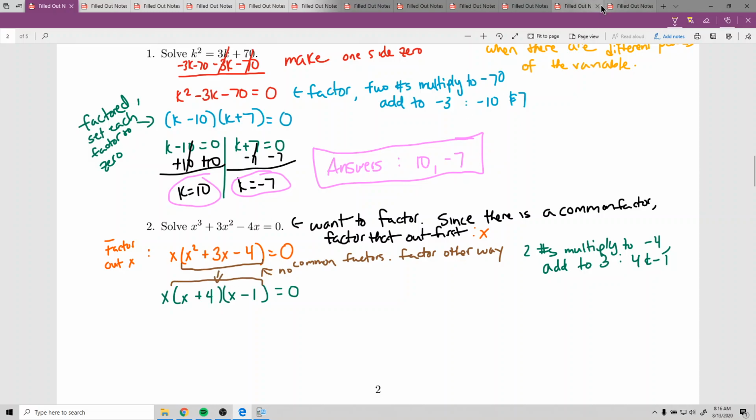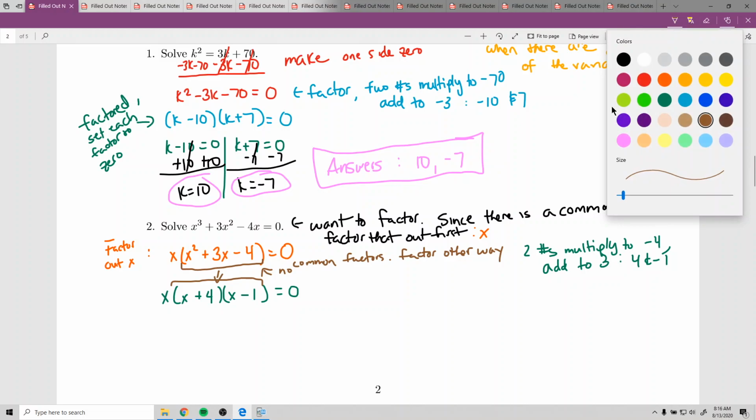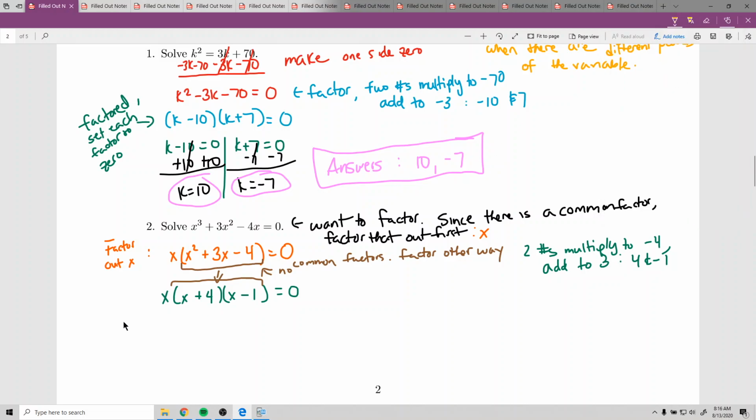And that's what it factors to. Now we just follow the same steps that you should remember from the previous problem. Now we set each factor to 0. Notice that we have 3 here. You cannot forget the thing out front.